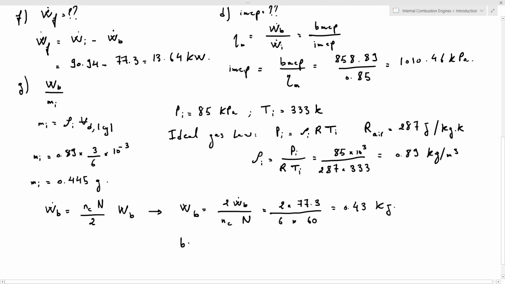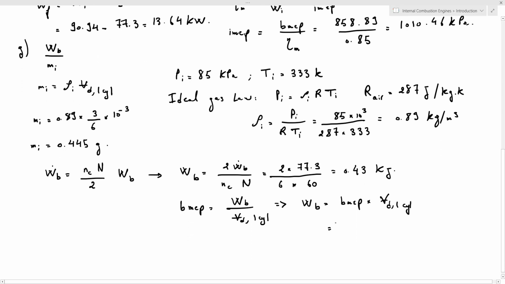And of course here you can calculate the brake work in another way. So from the definition of the brake mean effective pressure, this is the work per displacement volume. So the work for one cylinder and during one cycle per the displacement volume of one cylinder. So we can say that the brake work in this case is the brake mean effective pressure multiplied by the displacement volume of one cylinder.